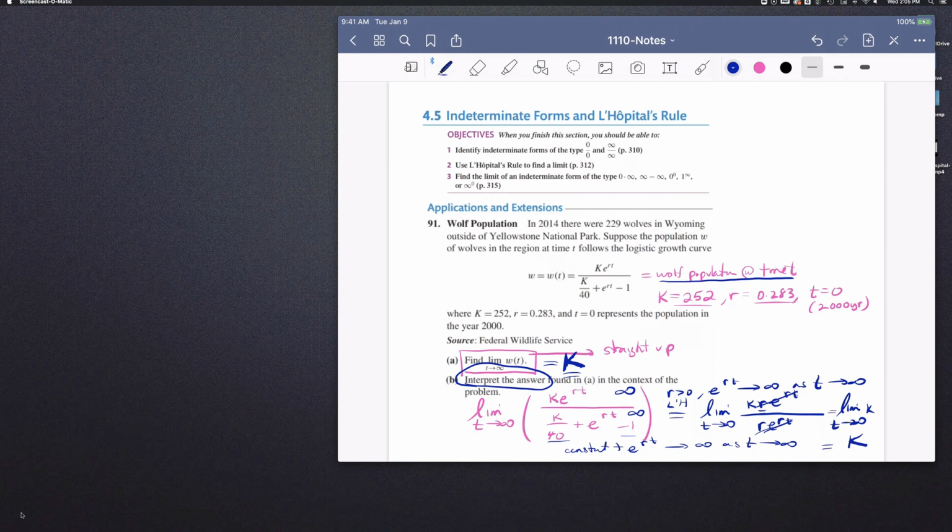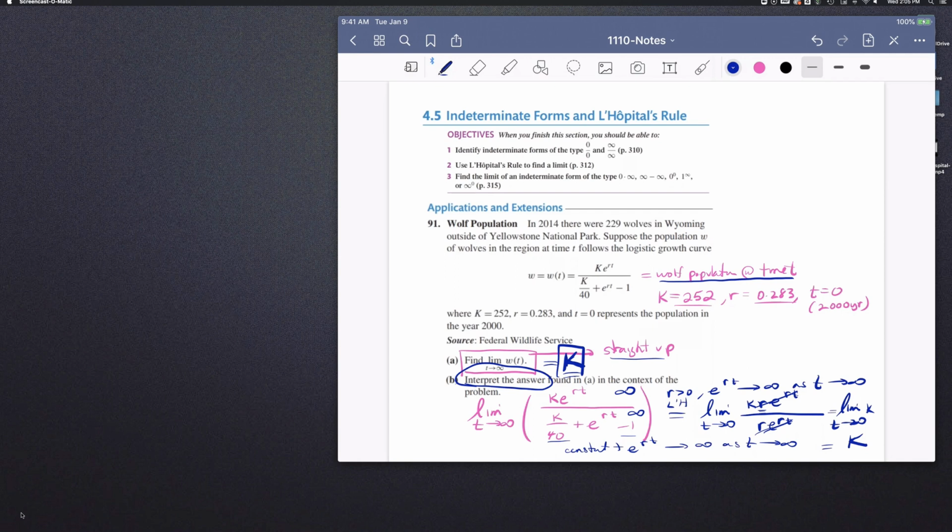So that's doing the straight up problem, evaluating this function as t goes to infinity. There is a slightly different way to look at this problem, and I'm going to copy this problem down on my paper before I go to the next page.